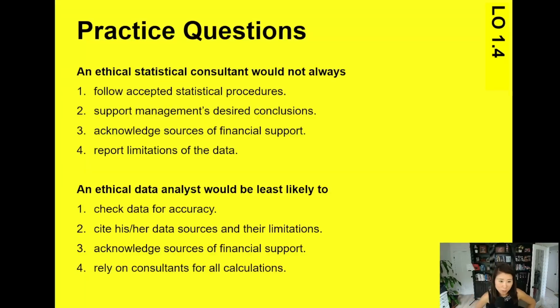Now let's look at practice questions related to consultant ethics and also the constraints facing the data analyst. So first, an ethical statistical consultant would not always: first, accept the statistical procedure, definitely you need to; second, support management's desired conclusion.